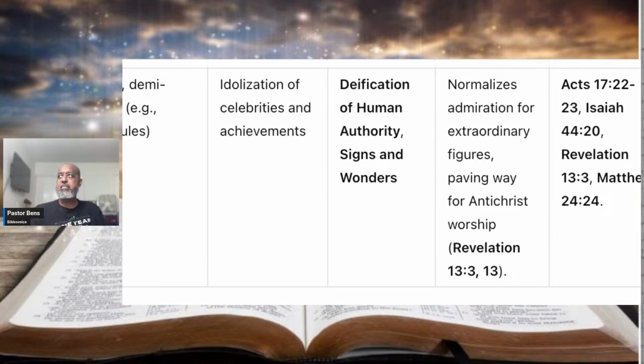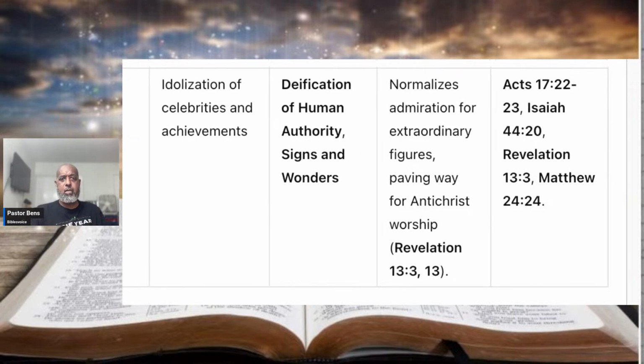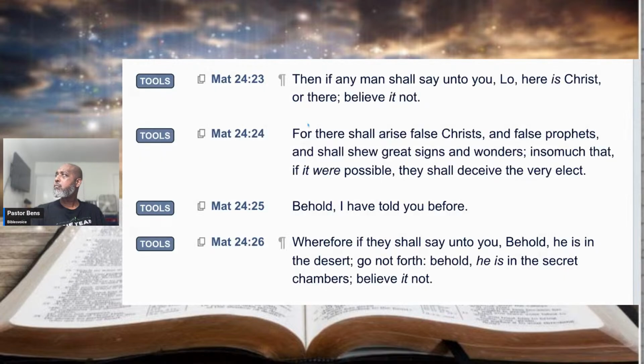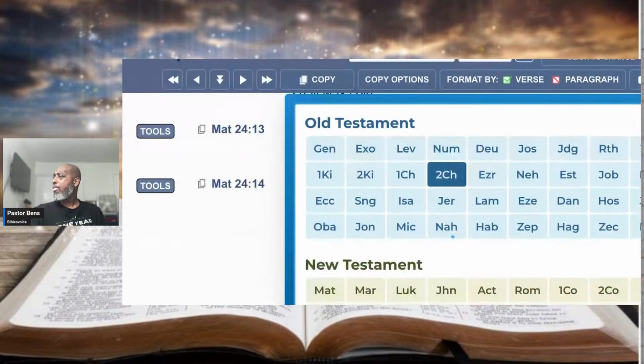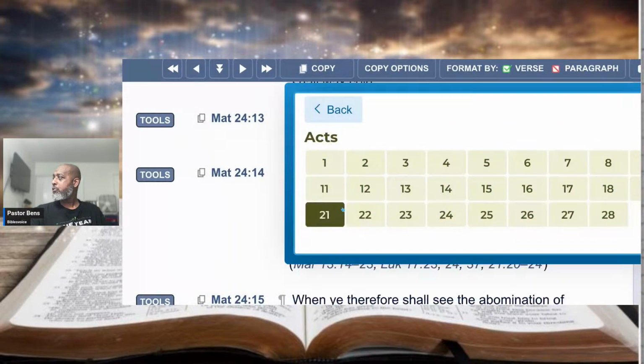Go with me to the book of Acts. Acts chapter 17. I want to show you something. Acts chapter 17. And we're going to look at verse 22.